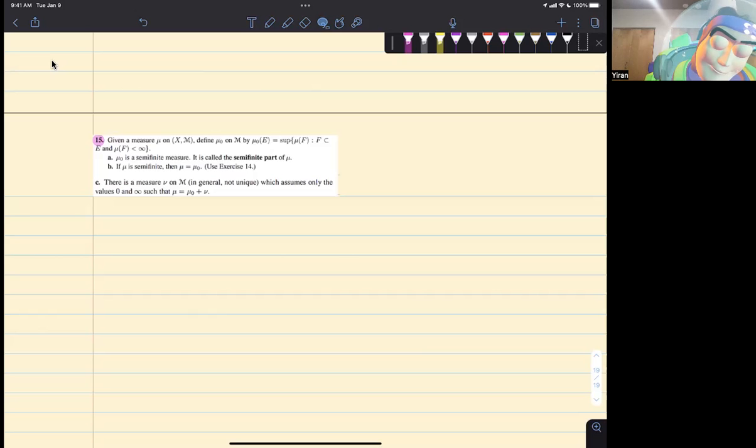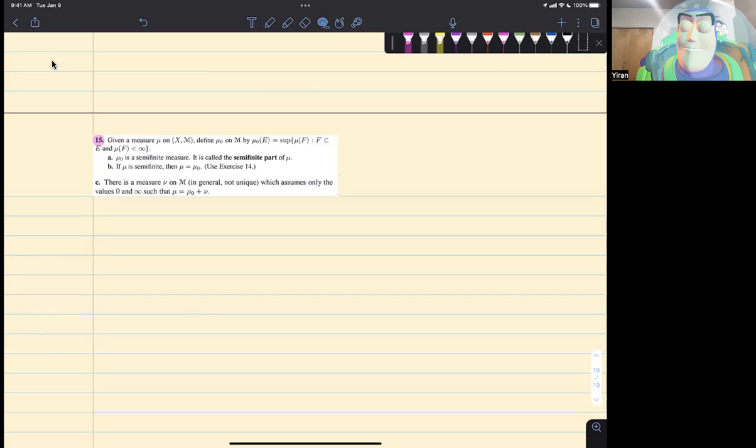So let E_j, where j is equal to 1 to infinity, be in the sigma algebra M, such that they are disjoint. Okay, and we want to show that mu naught of the union of E_j is equal to the sum of mu naught of E_j.